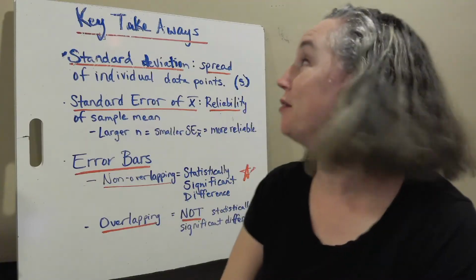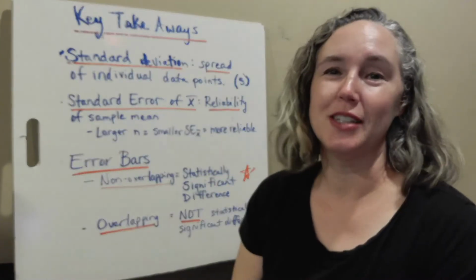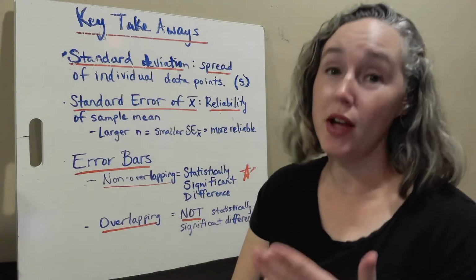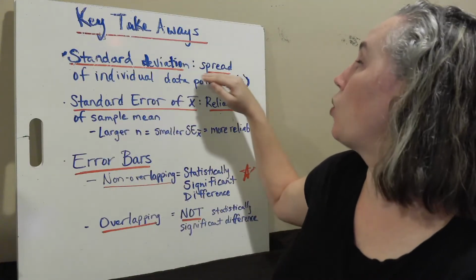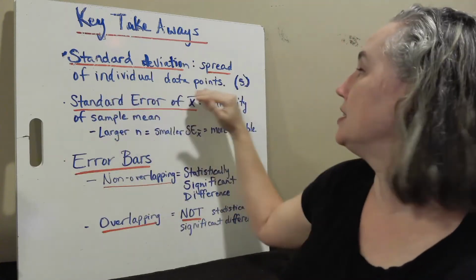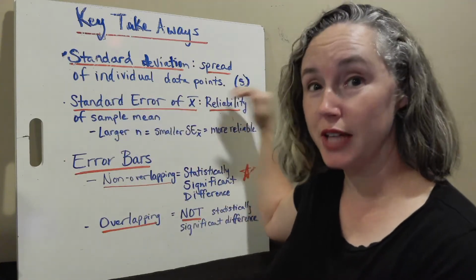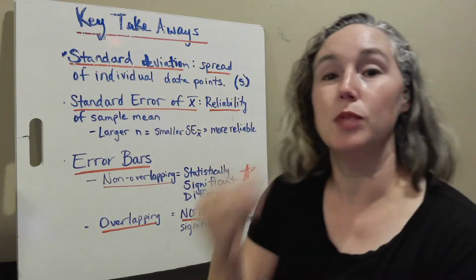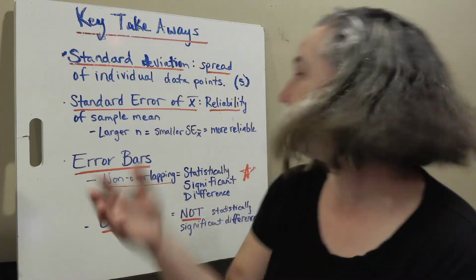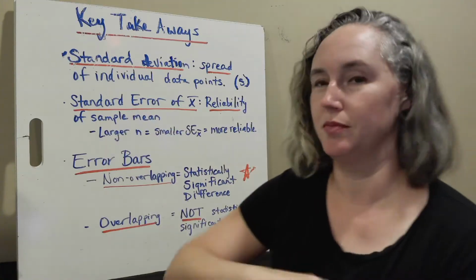All right, AP Bio folks, here are the key takeaways from today's video. One is that the standard deviation is measuring and quantifying the spread of individual data points, and we note that as S. And that standard error of the mean helps us quantify the reliability of the sample mean.